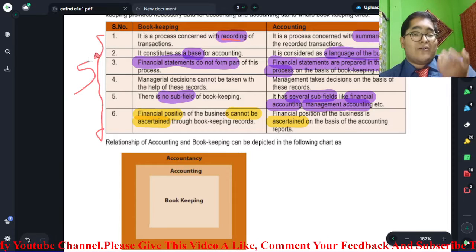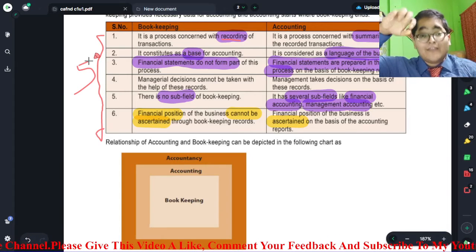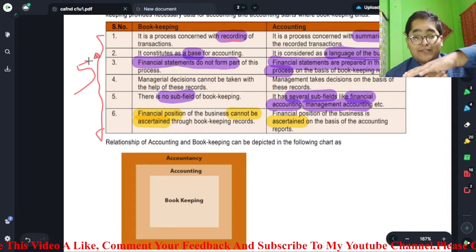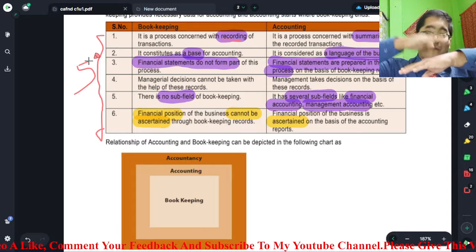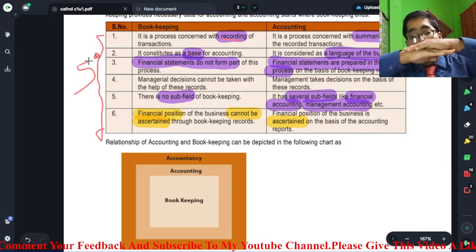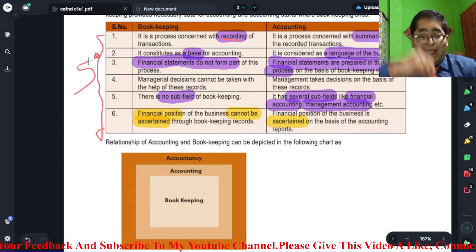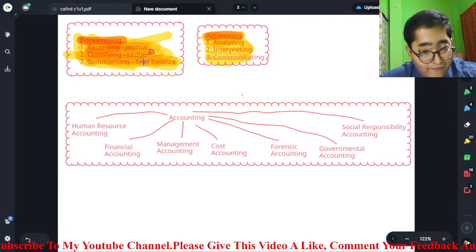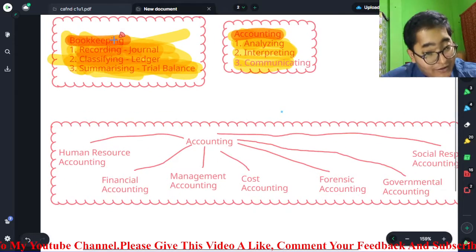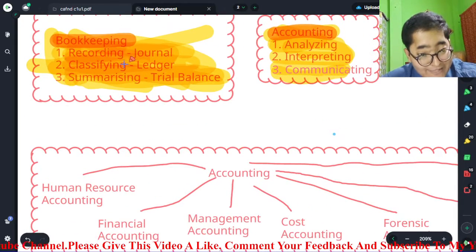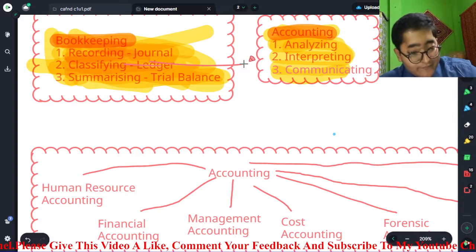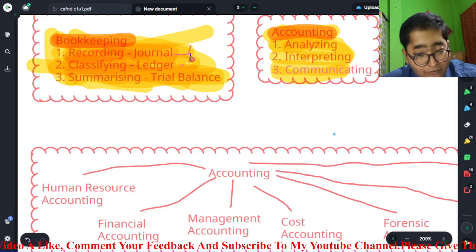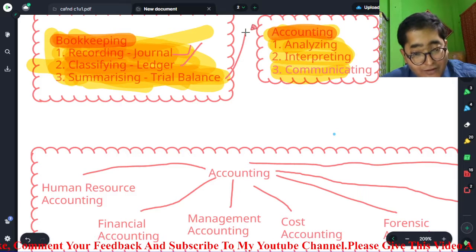Without bookkeeping, how would you do accounting? So the bookkeeping is the base, right? You will record the transactions, you will manage the ledgers, you will form the trial balance, then you can do the accounting. You need to record, means you need to journalize first, then you need to draw up the ledger, then you need to draw up the trial balance.